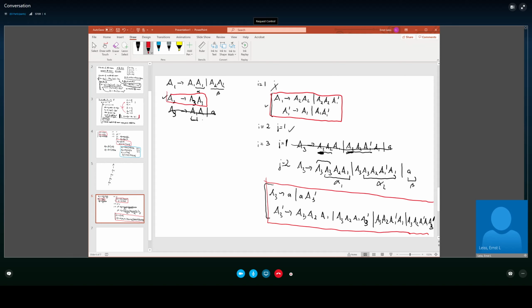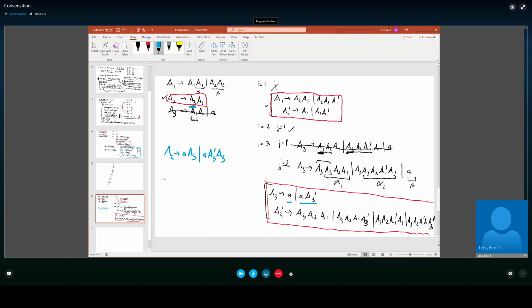And then you replace the A3s in here by this or that. So you get A2 goes to A3, or A3 prime A3. So this is now the A2.